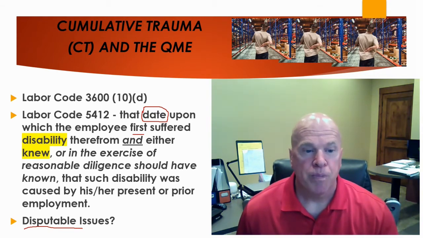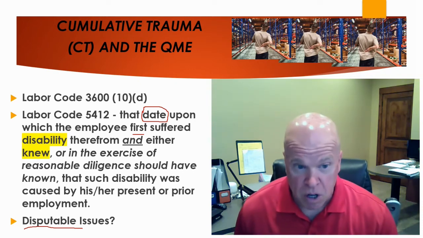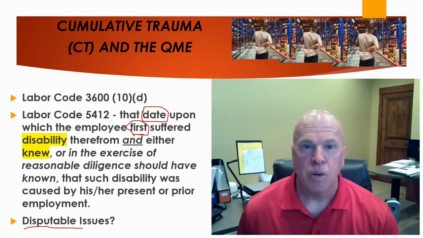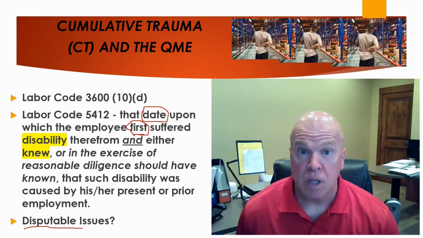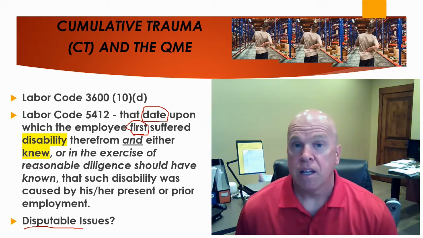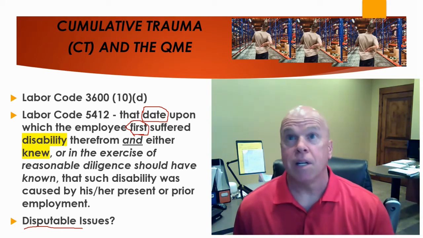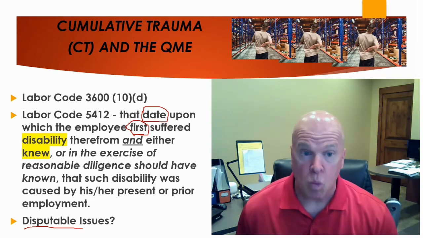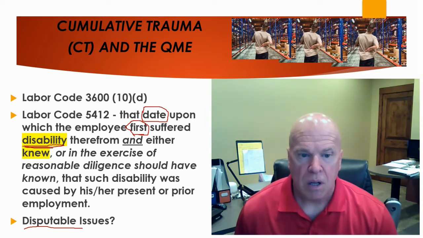Let's continue. It says it's that date upon which the employee first suffered disability. So first is going to be an area of great contention, as one party says you suffered disability at a different time, and the other party says, no, I didn't suffer disability then. My first disability was at a different time. And this can be an area of great contention as well. Disability.